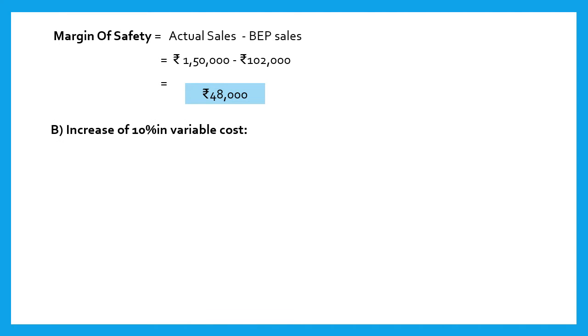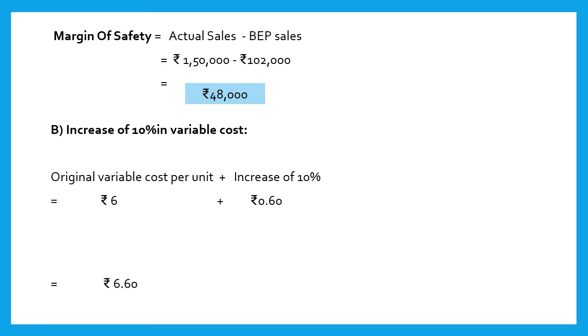Alright. Now the second instance, that is an increase of 10% in variable cost. Firstly, we take our original variable cost per unit and add the 10% increase. So we get rupees 6 as the original variable cost plus 10% of rupees 6, that is rupees 0.60. Hence our new variable cost will be rupees 6.60.